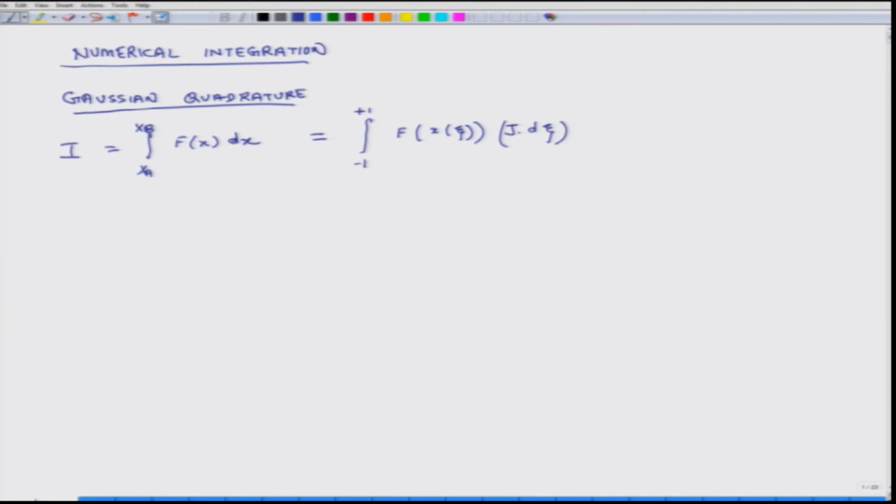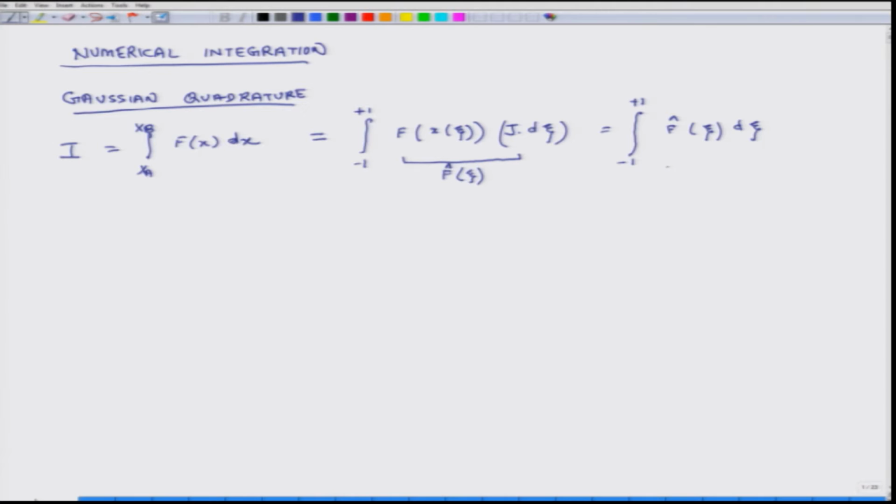So, this is what we had seen, and I can label this thing as f hat as a function of zeta. So, this becomes the integral from -1 to +1 of f hat(zeta) d zeta.